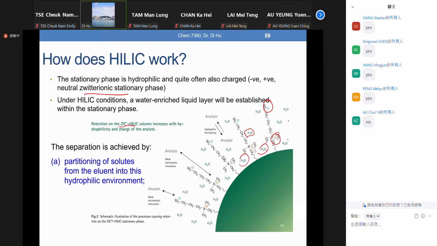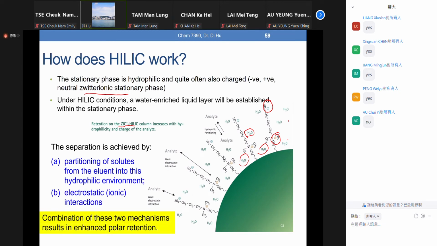Don't forget, we also have the charge site. The separation can also be achieved by these electrostatic interactions. If the analyte can be charged, then we are going to have this electrostatic interaction separation as well. Therefore, the combination of these two mechanisms results in enhanced polar retention, not just for organic polar compounds, but also for some ionic compounds, as you just saw in the previous slide.